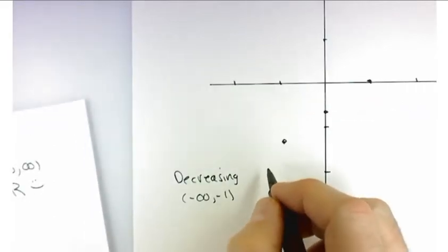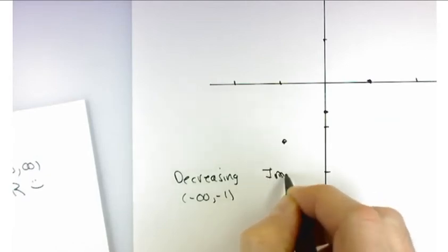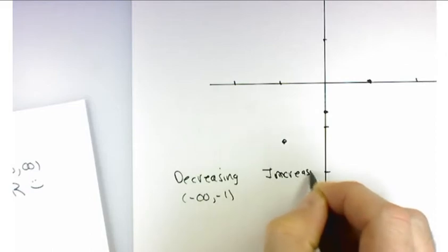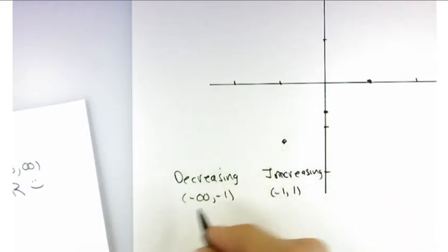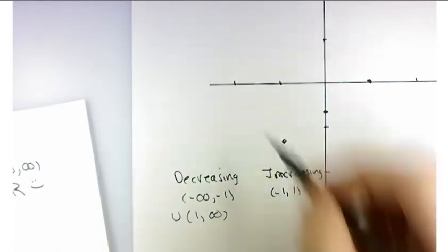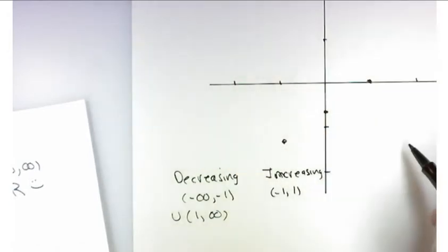It's increasing from -1 to 1. And finally, it starts decreasing again at x equals 1, so 1 to infinity. So it's decreasing until it gets to this point, then it's increasing, then it's decreasing.